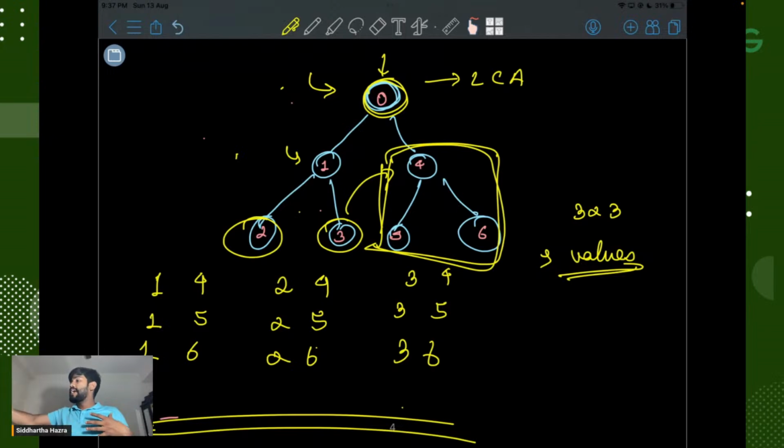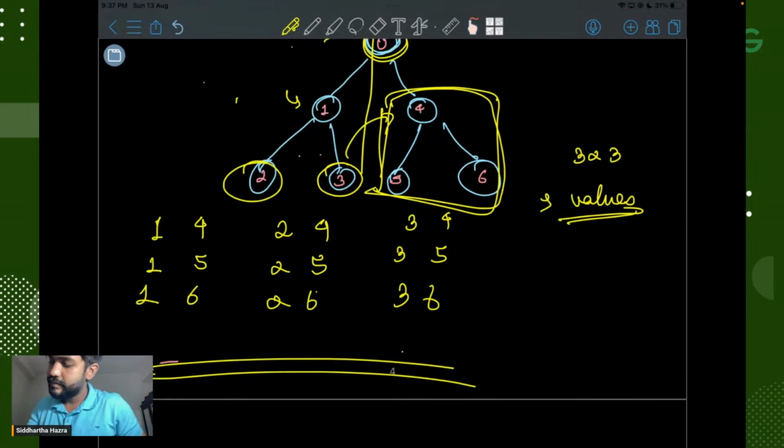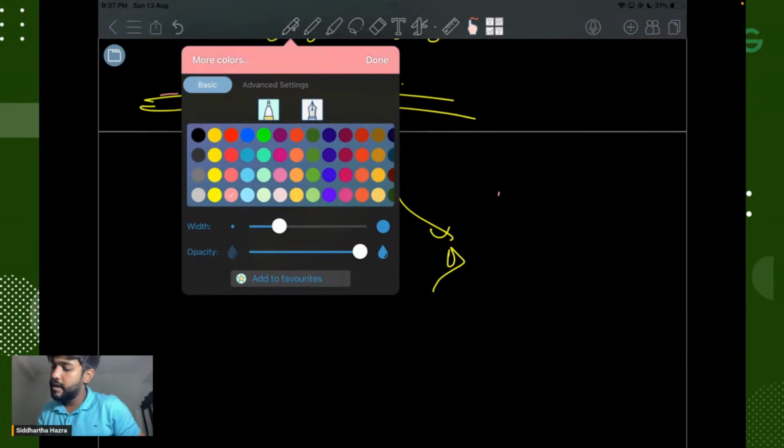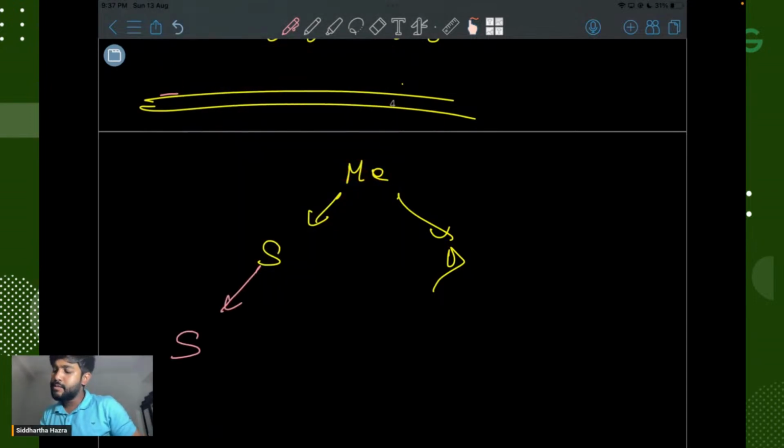So let's say this is me and this is my son, this is my daughter, and my son has one more son and my daughter has one more daughter.